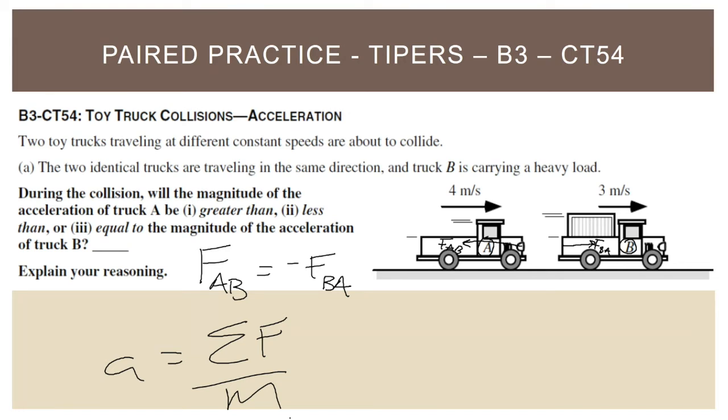So the question here says, during the collision, will the magnitude of the acceleration of truck A be greater than, less than, or equal to the magnitude of the acceleration of truck B? Notice truck B is the one with this big heavy load on the back. And so this one has the bigger mass.